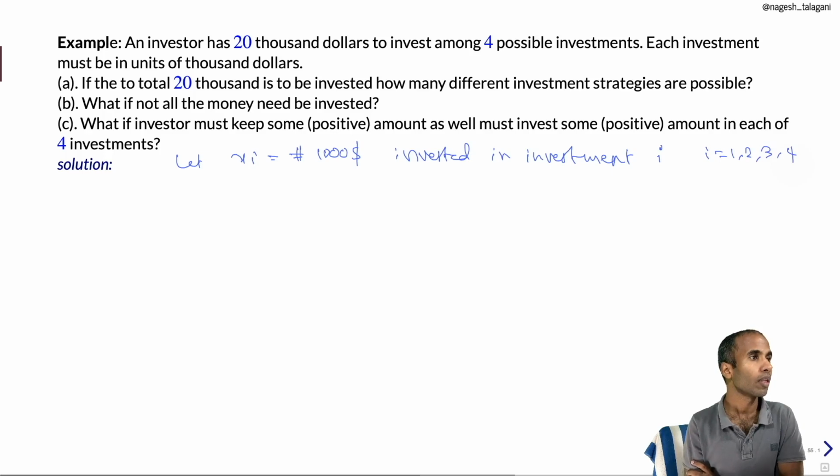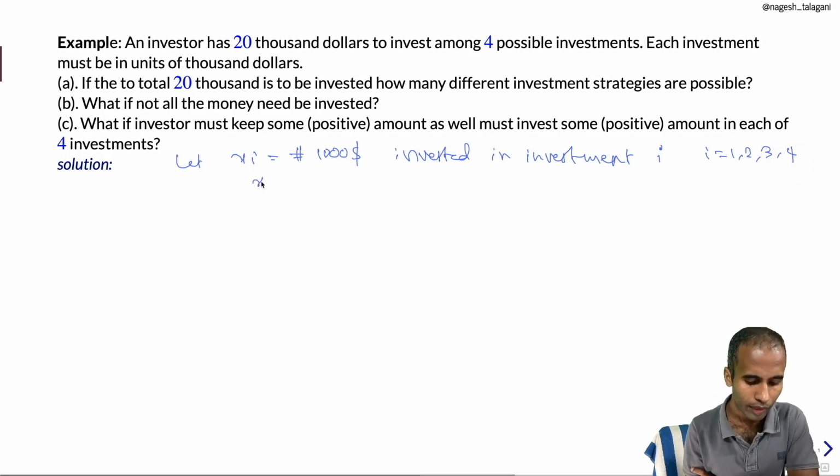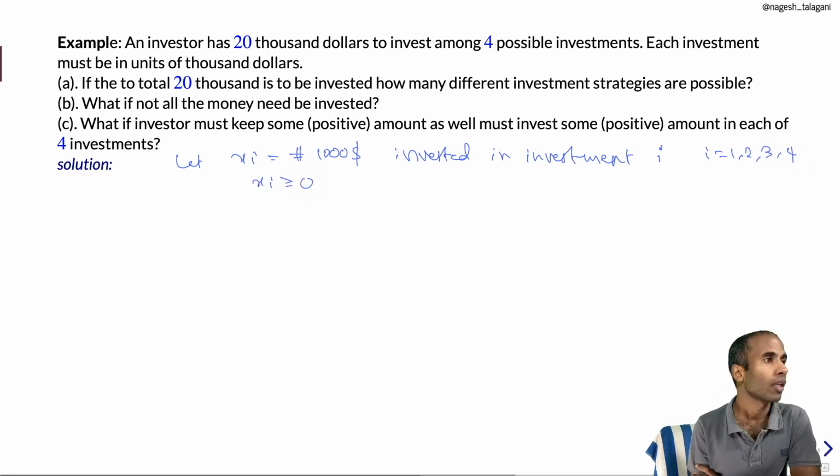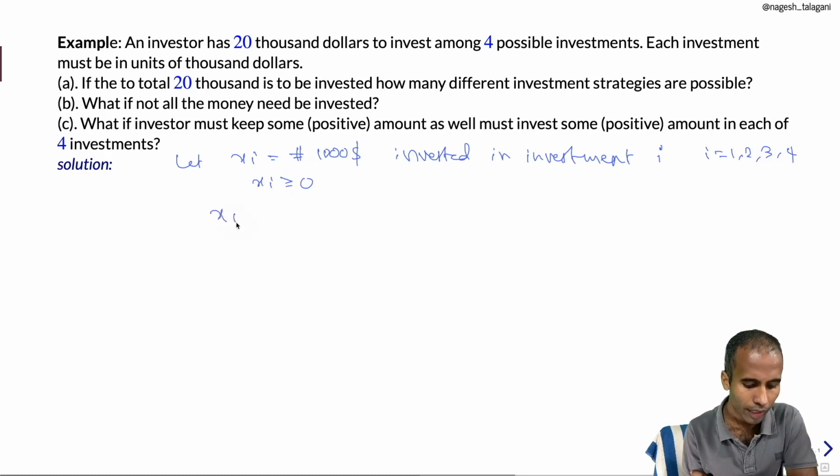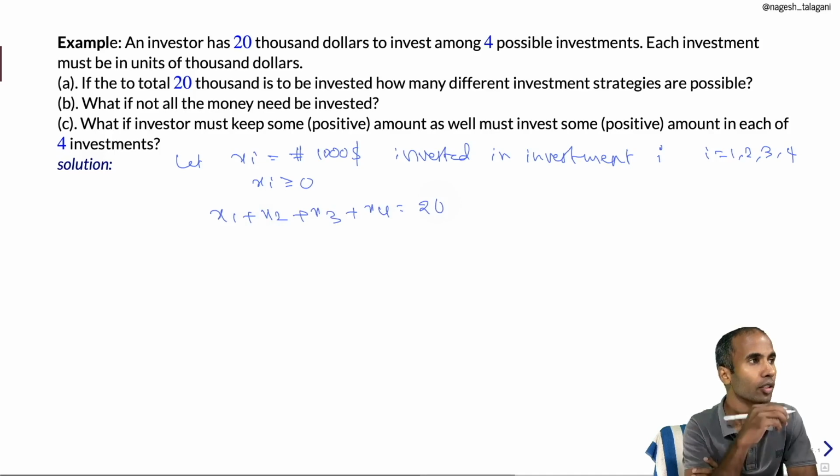So here each xi is non-negative. If the total $20,000 is to be invested, then x1 plus x2 plus x3 plus x4 must add up to 20. So each investment strategy is like a non-negative integer solution of this equation.